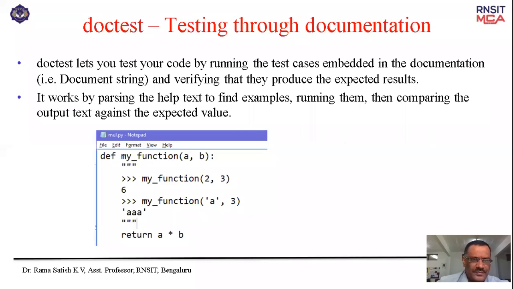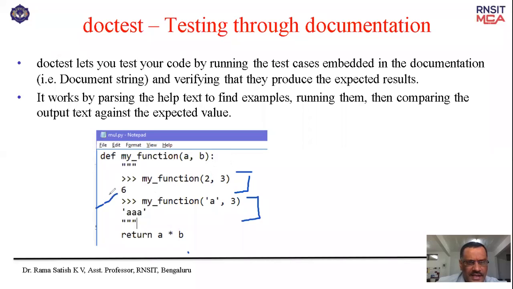Look at this example, where I'm writing the test case. This is test case 1. This is test case 2. Why are we using these test cases? We are calling my function, and for my function, we are passing 2 and 3, and the expected value is 6.